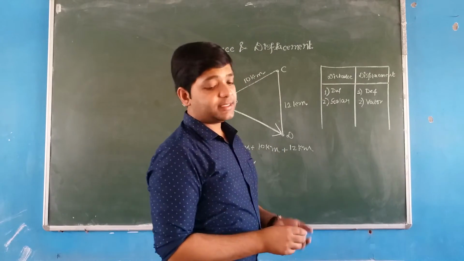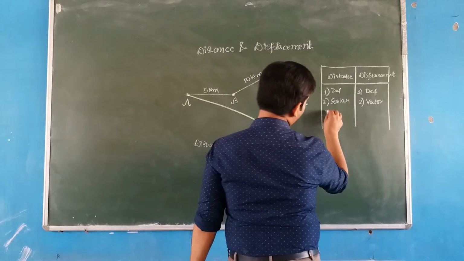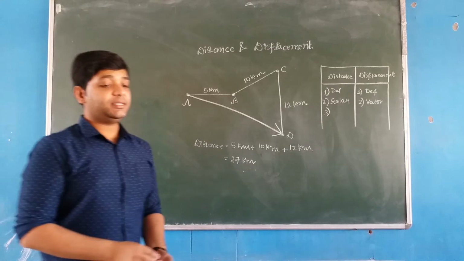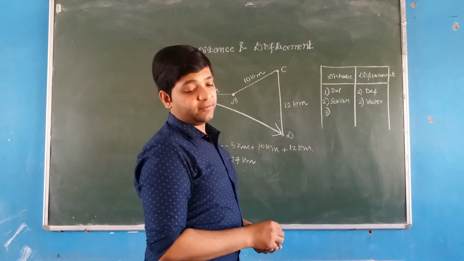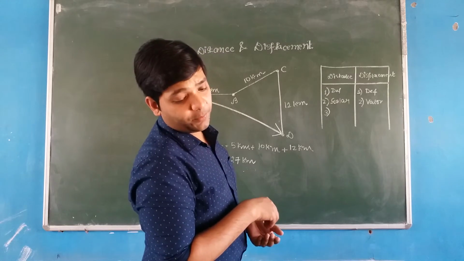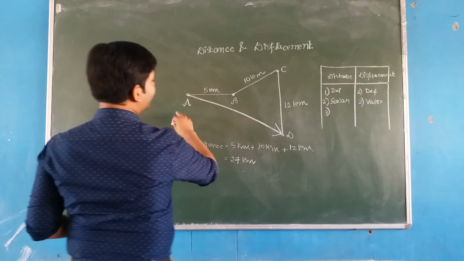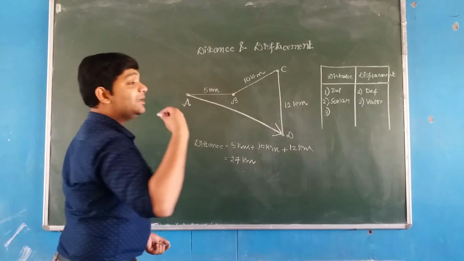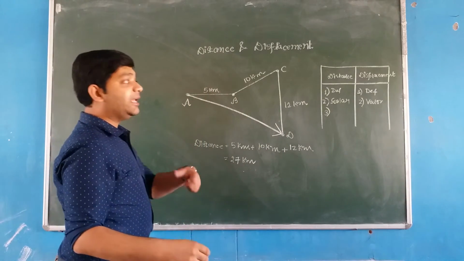The third point says distance traveled is always positive. That means if you are traveling from one point to another point, then distance can never be zero or it can never be negative.